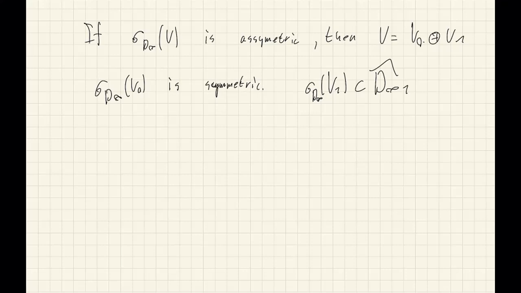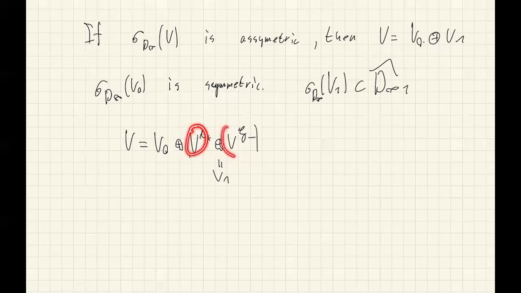Continue. So, for example, it can be the case that V equals V0 plus V, say, he plus V xc minus, or he minus xc plus, and this is what I call V1, and it's the sum of just eigen subspaces.